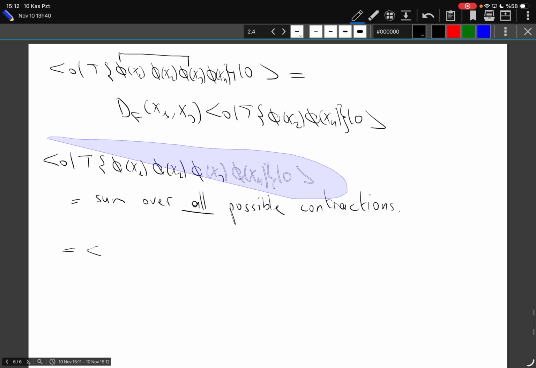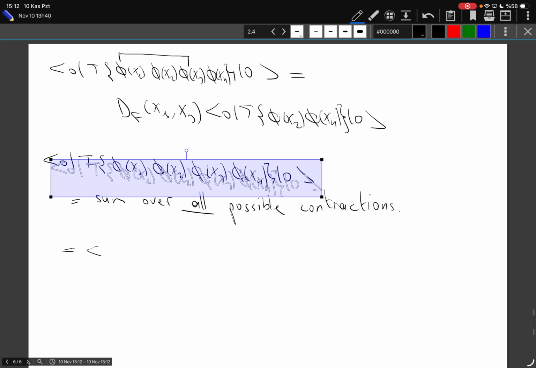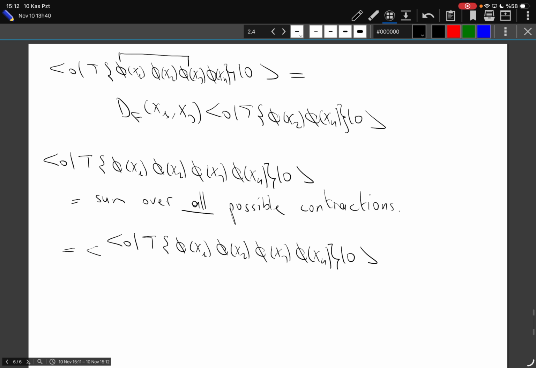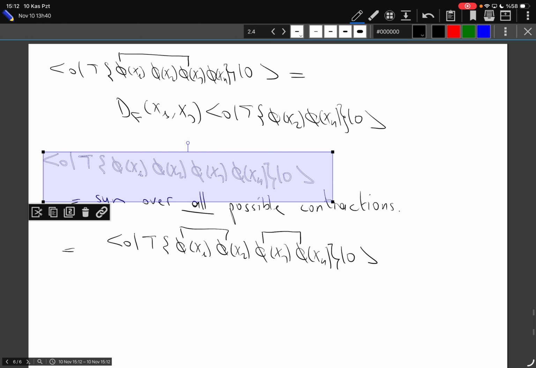Let me just write it once more. This is one possible contraction. Always keep in mind that when I'm calculating this matrix element, I will just commute all the annihilation operators coming from all of those operators to the right, and all the creation operators to the left. So they will be commuting among themselves. There will be all possible commutations between these fields.